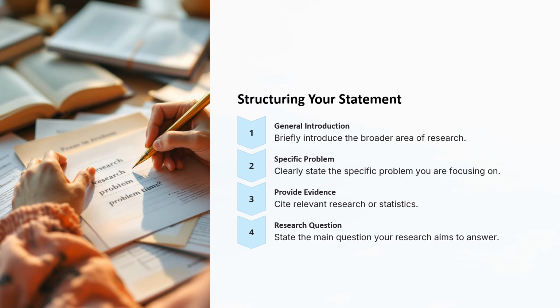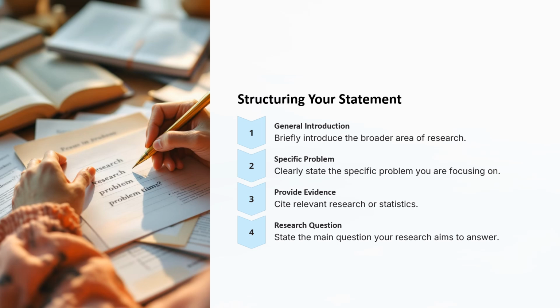So you are now focusing gradually on the problem that is specific to that organization, that nation, and that place. Then you cite relevant research work that has been done, statistics that have been done in that area, because you have to back it up with empirical evidences that people have worked on before in that area.